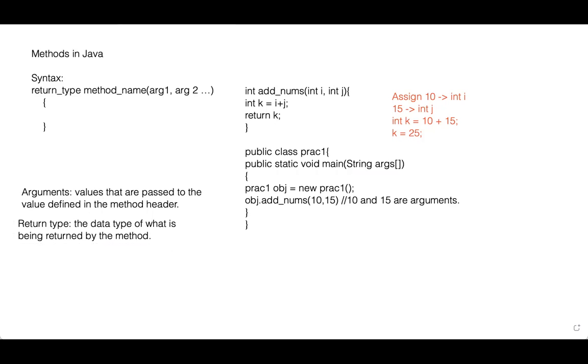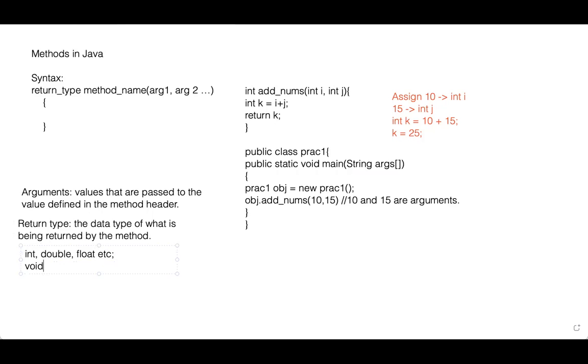So now let's go over a case which is known as void, right? Usually in all methods, you'd have a return type, a data type like int, double, float, etc. But what if my method doesn't return a value?